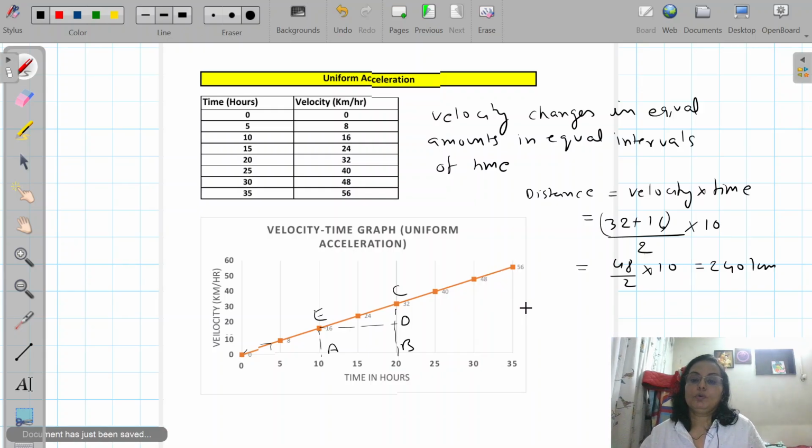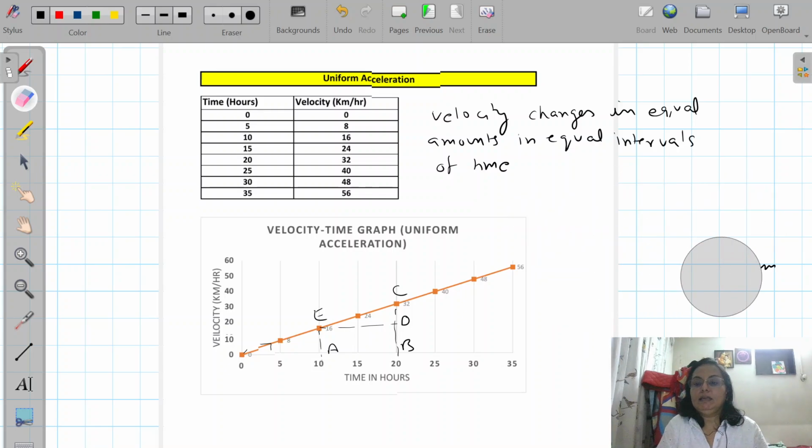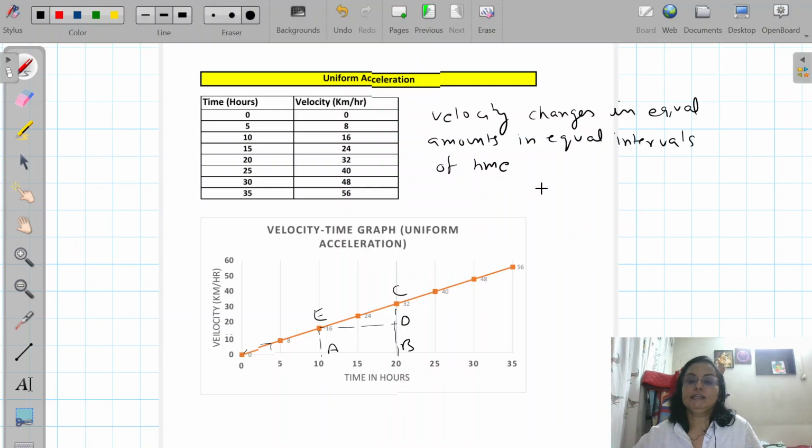So now, if we have to find the distance from this quadrangle, we know, as we saw in the previous example, that the area of the quadrangle represents distance. So without using the formula of distance and velocity, we can say the area of triangle EDC plus the area of rectangle ABDE is the area of quadrangle ABCE.